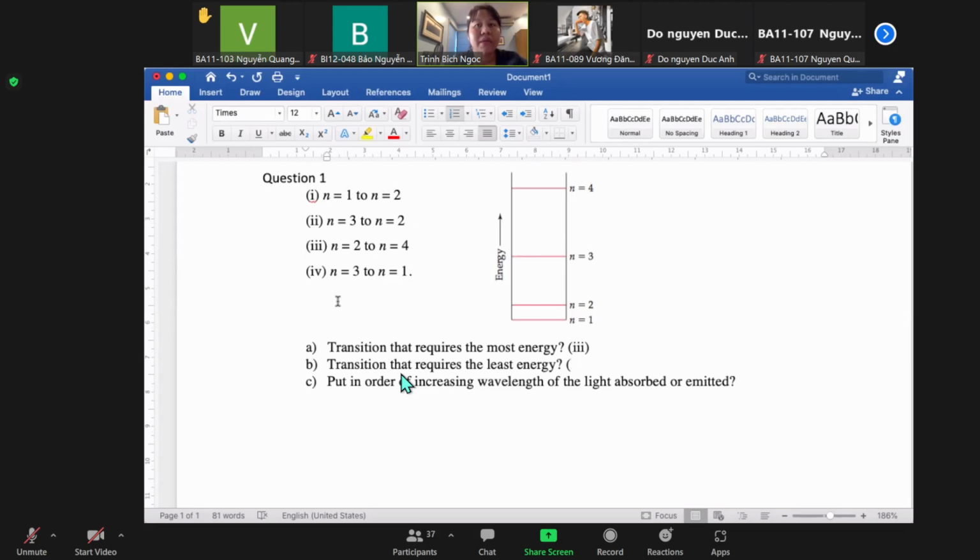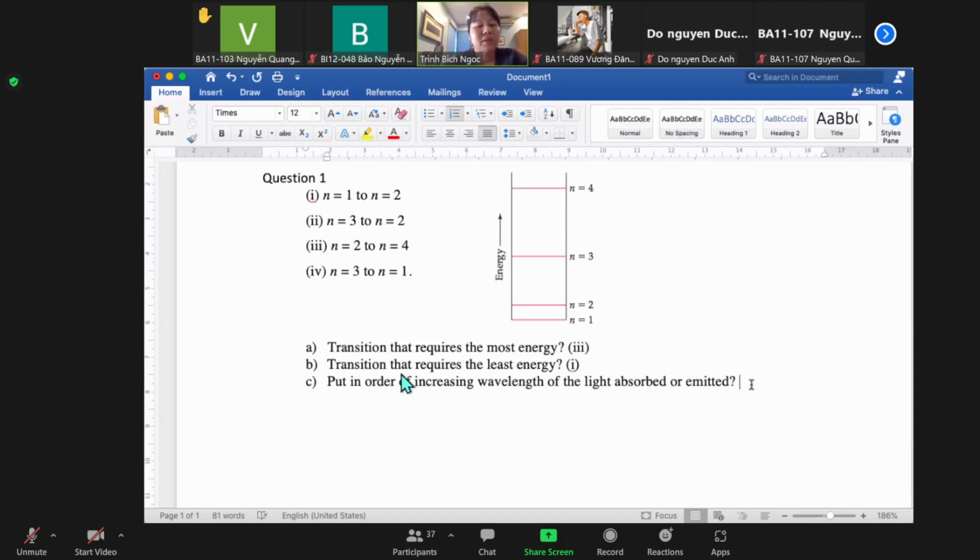Có những transition nào thì cần ta phải cung cấp năng lượng cho nó ạ? Transition 1 and 3. So the transition that requires the most energy is 3, and the transition that requires the least energy is transition 1. Okay.